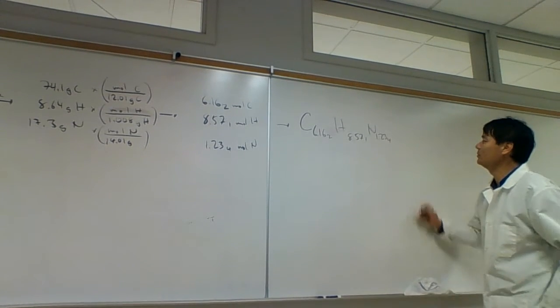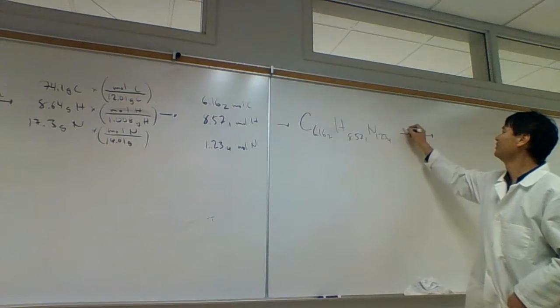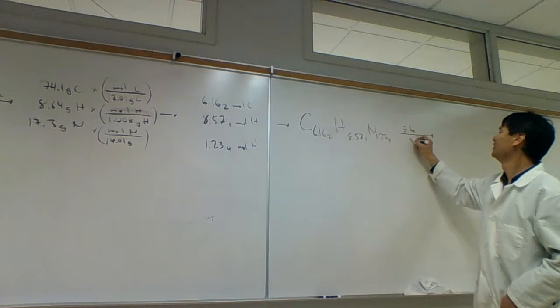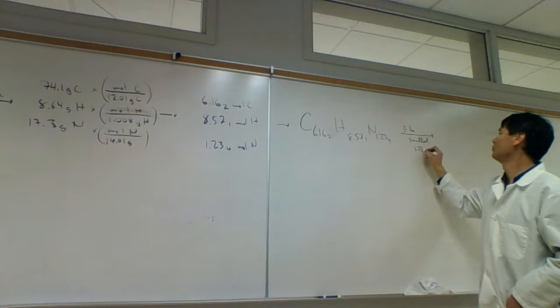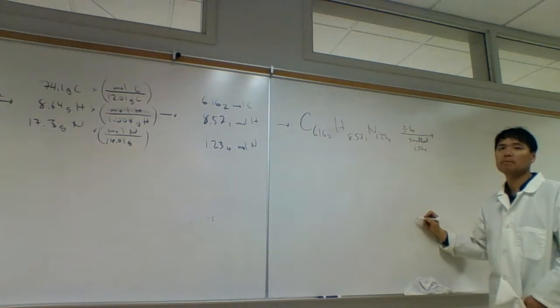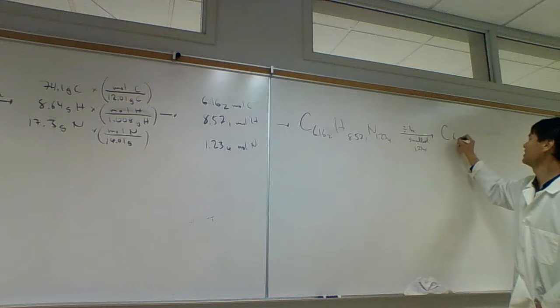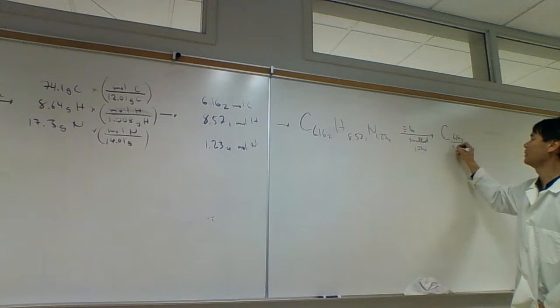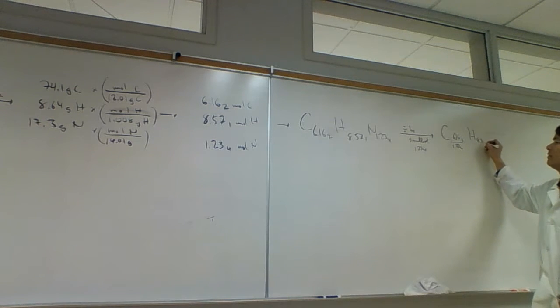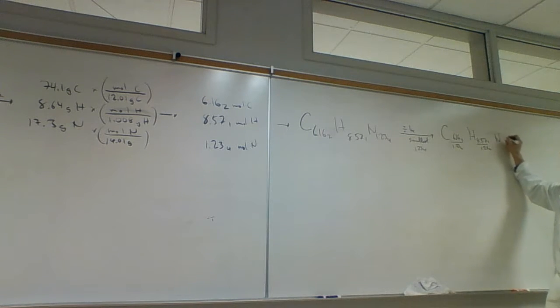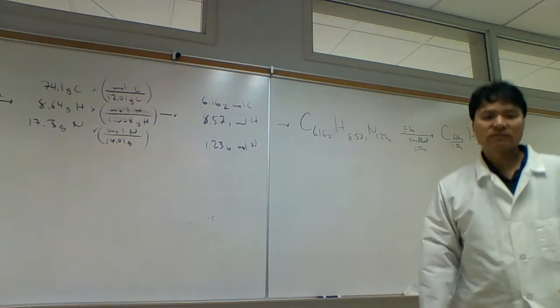And so what I'm going to do is divide by the smallest number, which is going to be 1.234 in this case. And so I'm going to get C 6.162 divided by 1.234. I'm going to get H 8.571 divided by 1.234. And then I'm going to get N 1.234 divided by 1.234. Okay, so let's do the first one here.